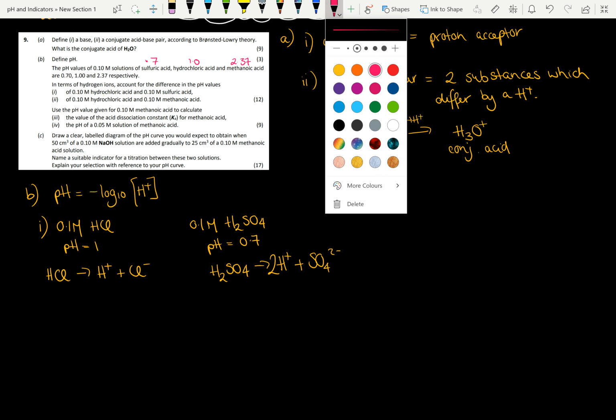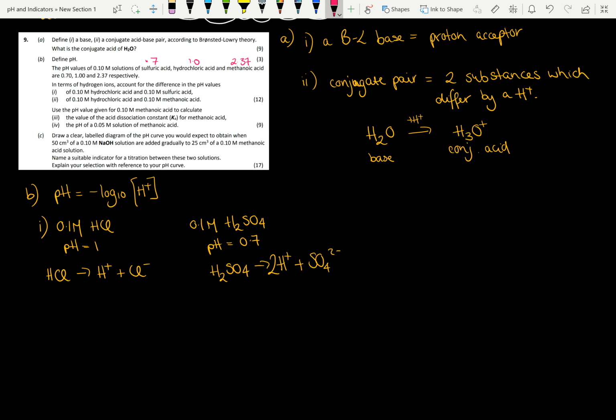So if we compare the hydrogen ions produced by the HCl and the sulfuric acid when they dissociate, you can see that for every one molecule of hydrochloric acid, we get one hydrogen ion produced, and we call that monobasic. Whereas with the sulfuric acid, for every one molecule of sulfuric acid, we get two hydrogen ions produced, and we call that dibasic.